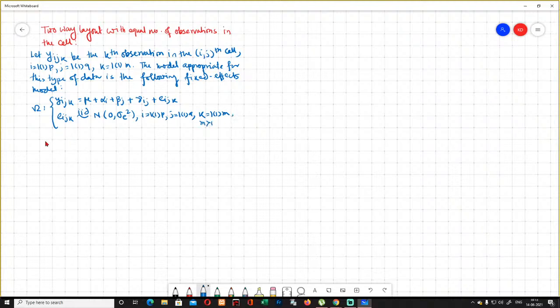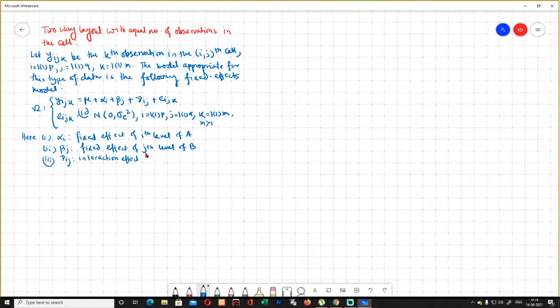Okay. So here alpha i is the fixed effect of ith level of A, beta j is the fixed effect of jth level of B, and gamma ij is the interaction effect of the two factors.